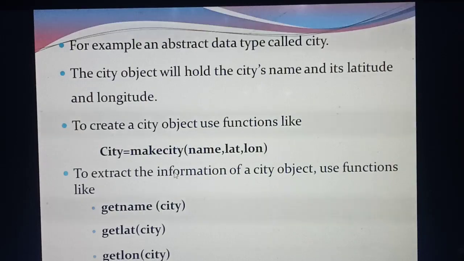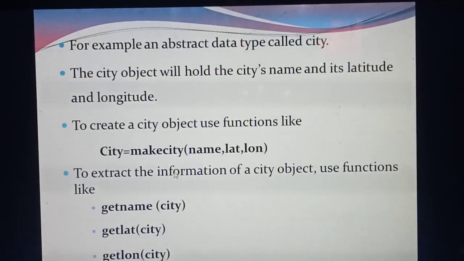The city object will give the information about the name of the city. For example, on Google Maps, it will display the name of the city, in which latitude the particular city is located, and in which longitude it is located. So the city object will hold the name of the city, latitude of the city, and longitude of the city. For that you are writing a function called make city of. Understood?